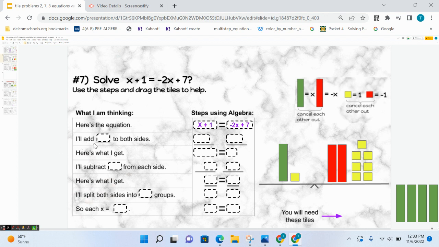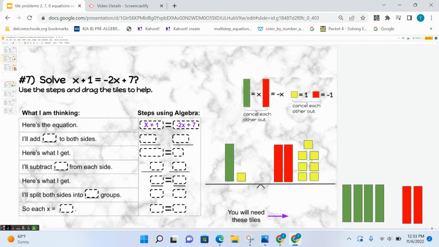So when you look at the words that I have here, I'll add something to both sides. Let's say, I just want to show you this because this confuses kids. I've had students say, well, I can get rid of that green rectangle by adding a red rectangle because I know a positive and a negative attract and they cancel. You could do that, as long as you add a negative rectangle to the other side.